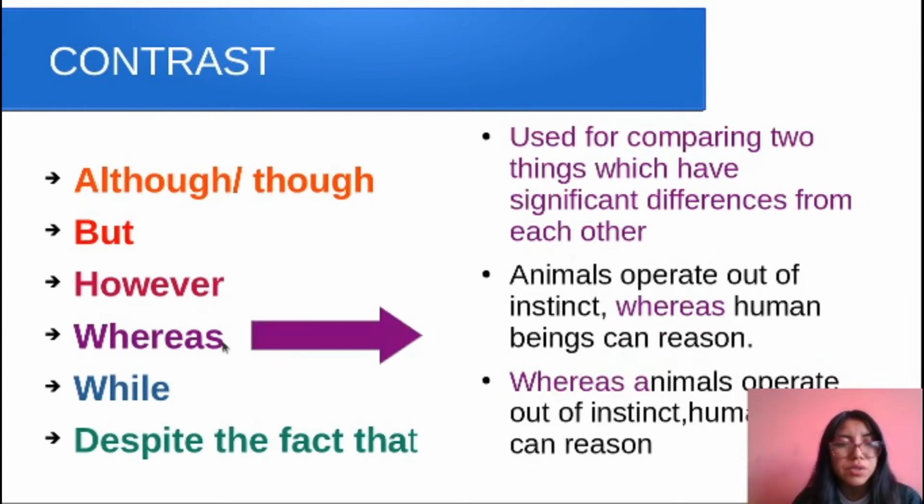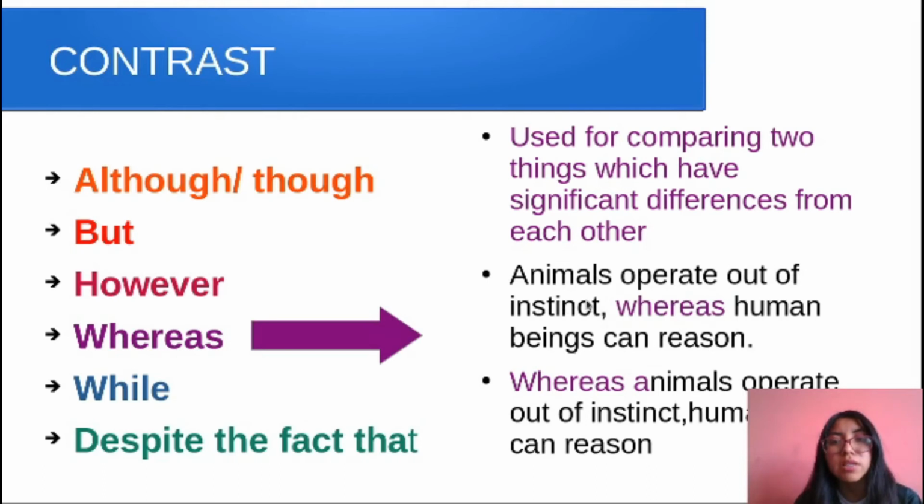We are going to see whereas. When do you use it? You are going to use it for comparing two things which have significant differences from each other. Okay, we are going to show differences of two ideas. Pay attention here. Animals operate out of instincts, whereas human beings can reason.